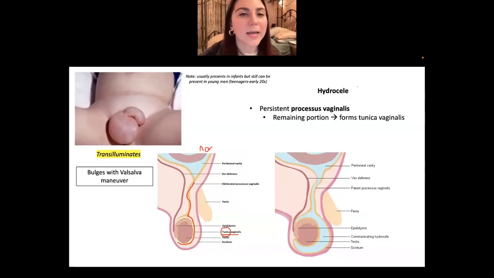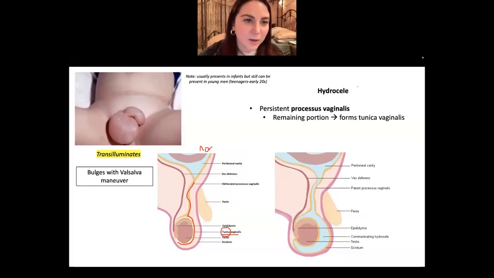Okay, so again, usually hydroceles are going to be in children, like I have here, but they can present in young adults. I'll take that with a grain of salt. I have seen questions with 20-year-olds with hydroceles. This is an image of a child because this is usually more common in children, because again, it's going to be before the testicular descent.